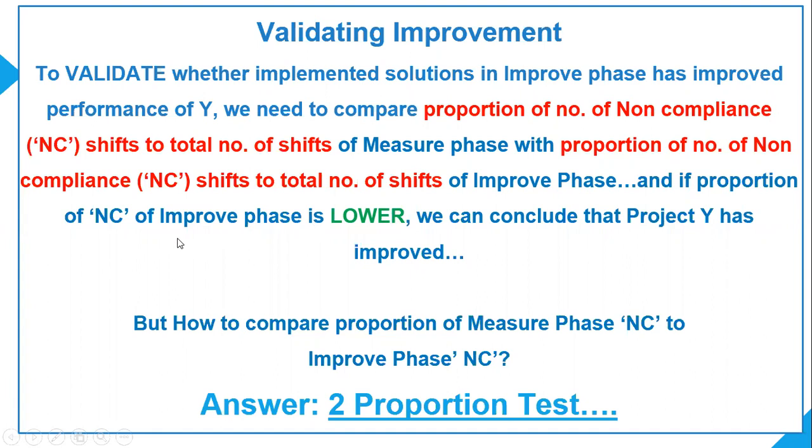If the proportion of NC in the improved phase is significantly lower, we can conclude that project Y has improved. But how do we compare the proportion of major phase NC to improve phase NC? We are going to use the two proportion test. So on that note, let's go to the next slide.